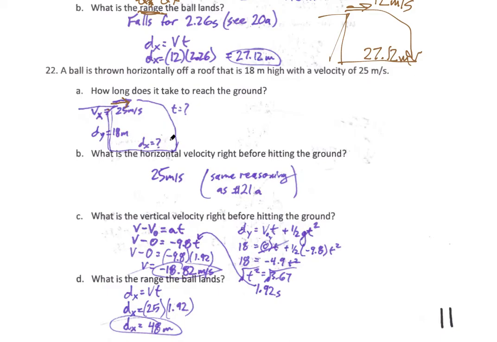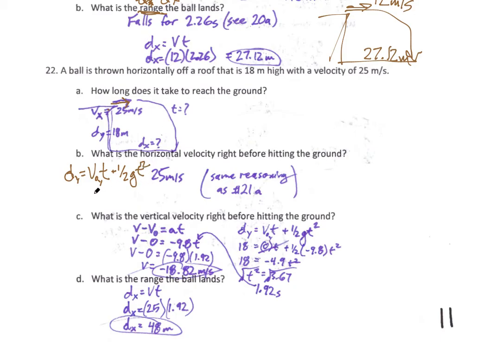Nice thing is, though, that I do know what my distance in the y direction is. All right, my distance in the y direction is 18, so I would end up using my formula that I know for the y direction. So it's dy equals v naught y t plus 1/2 a t squared, or g t squared, right?